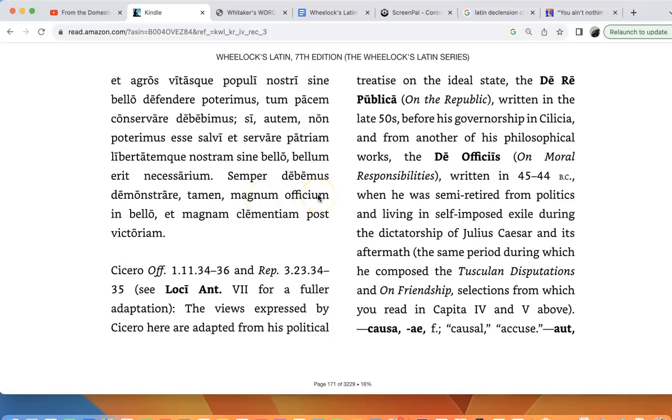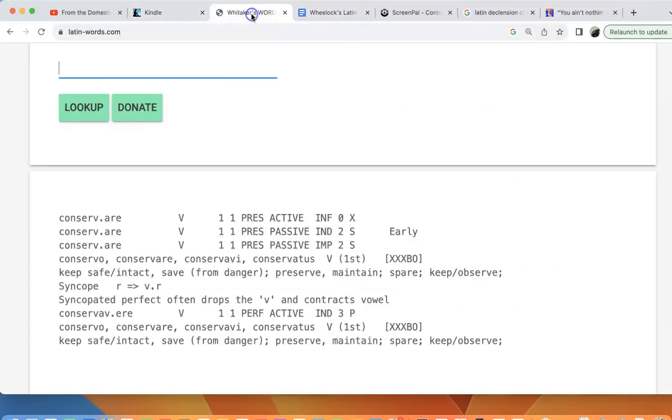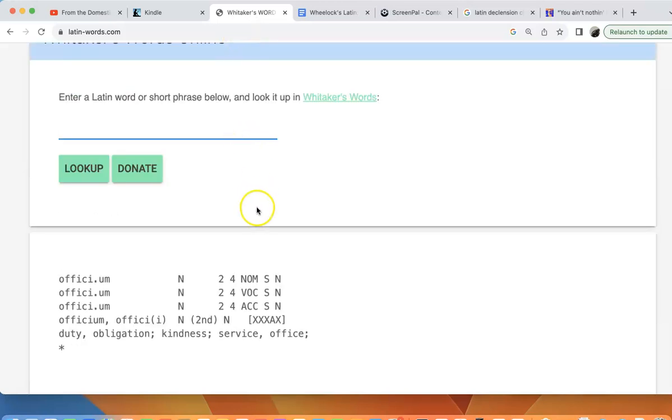Now, magnum officium literally means great duty, but in this case it can also mean great virtue. If we look up Whitaker's Words, Cicero wrote a text called De Officiis. So I guess maybe kindness or duty.